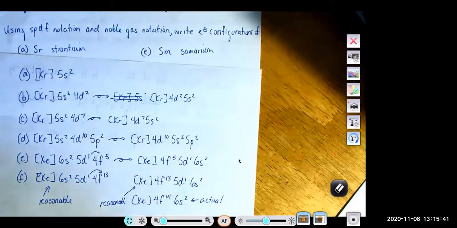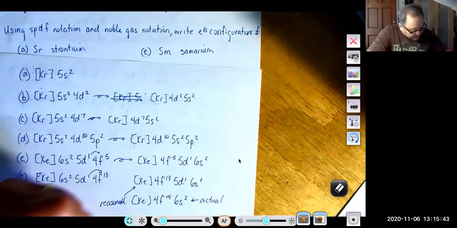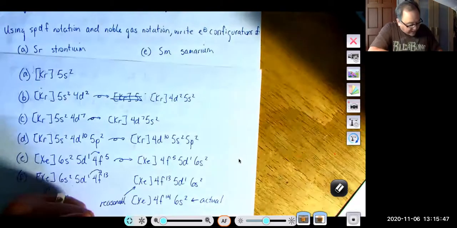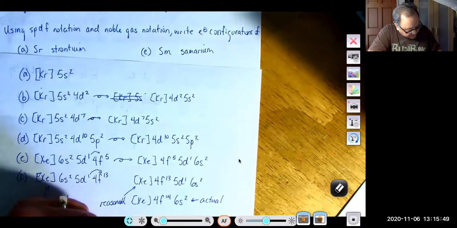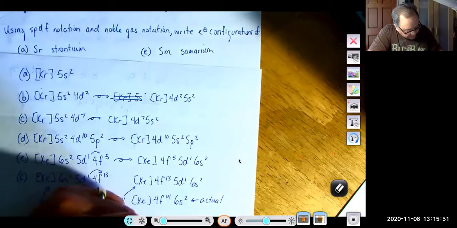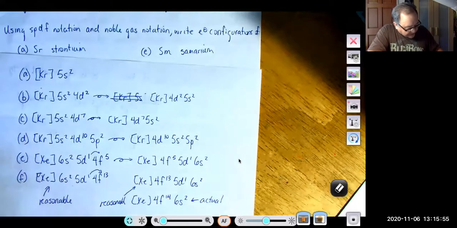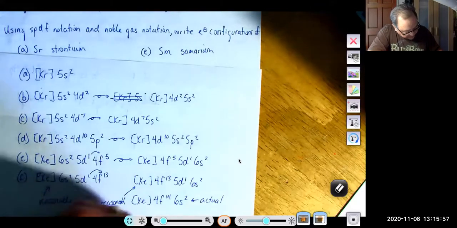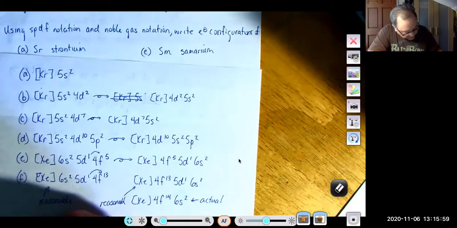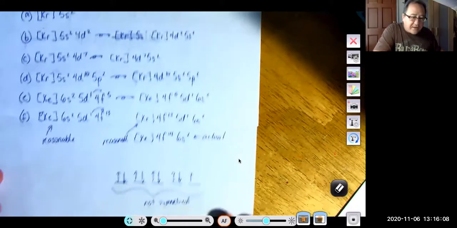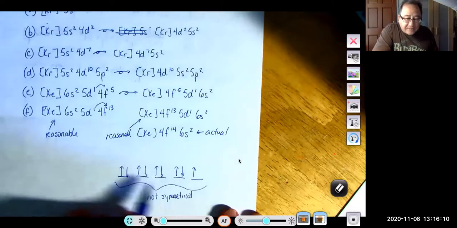It's called a symmetry argument. When you have a subshell, like here's 5 orbitals, this is not symmetrical.